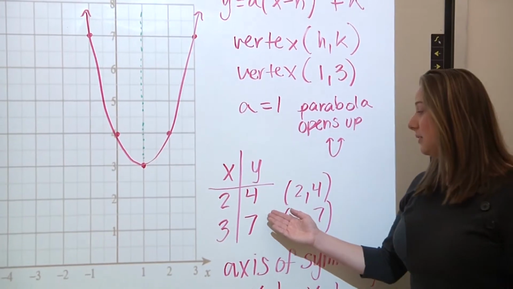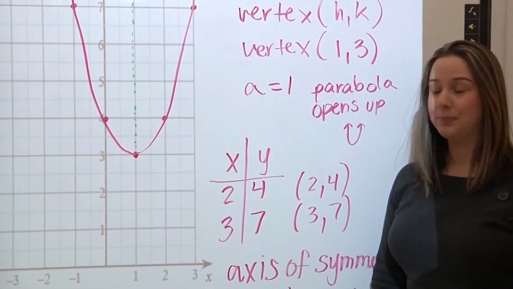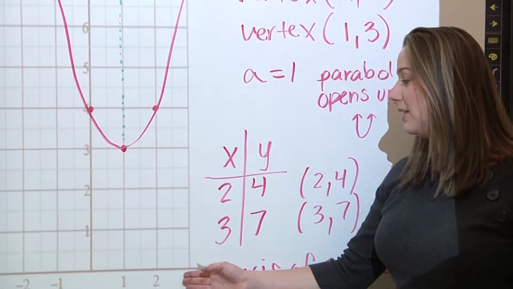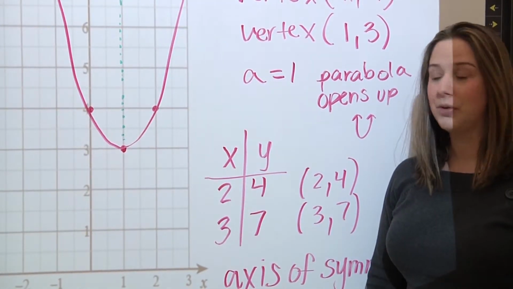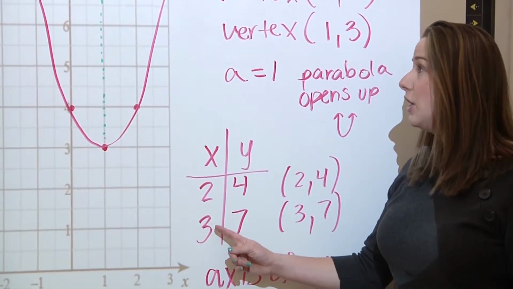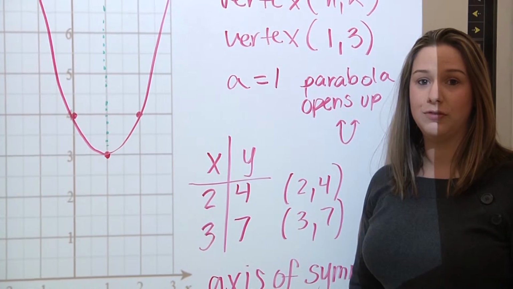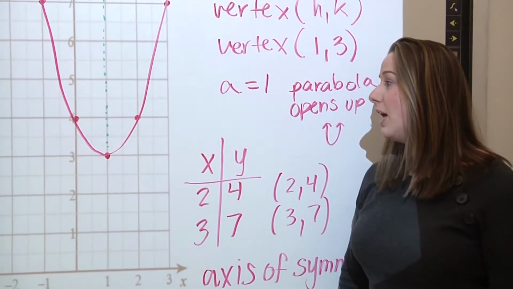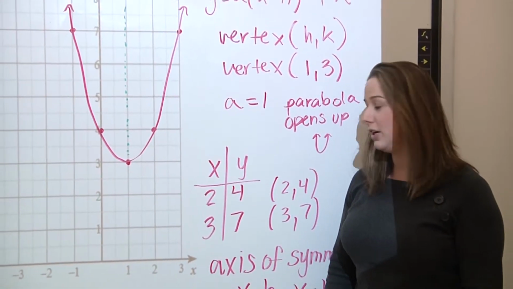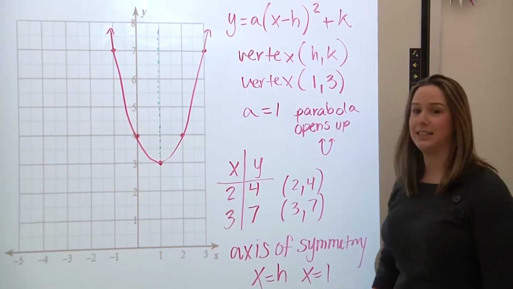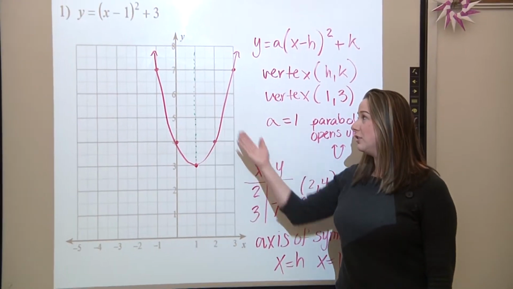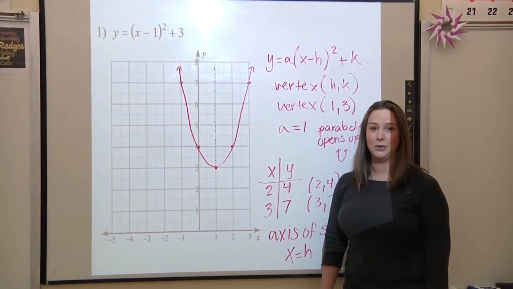The last step is to build an XY table, selecting 2 points to the left or 2 points to the right. Once you've selected these points, you plug them into the original equation for x and solve for y. Understanding that parabolas are symmetric, you reflect the points using the axis of symmetry. This is the graph of a parabola in vertex form.